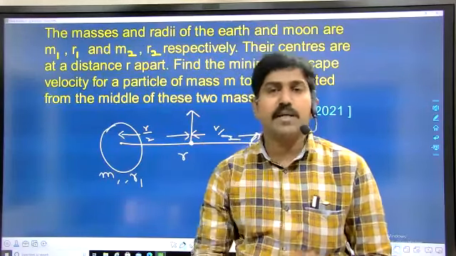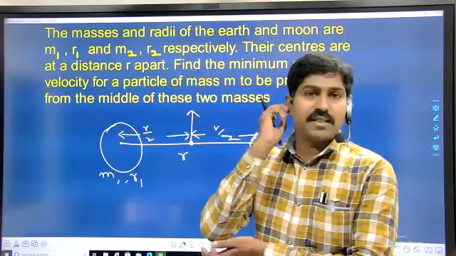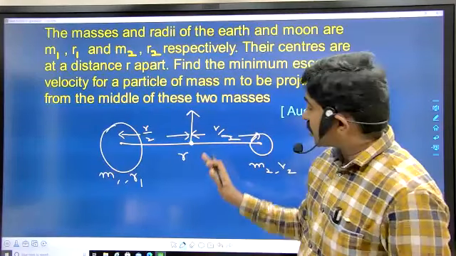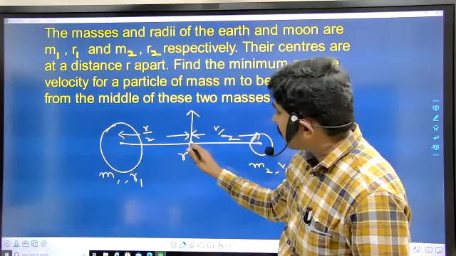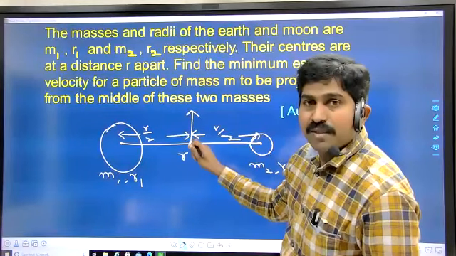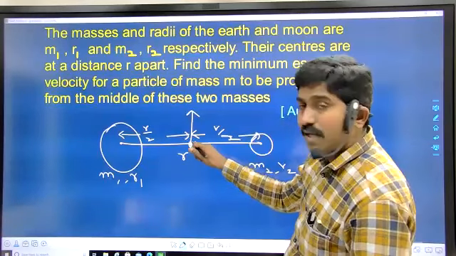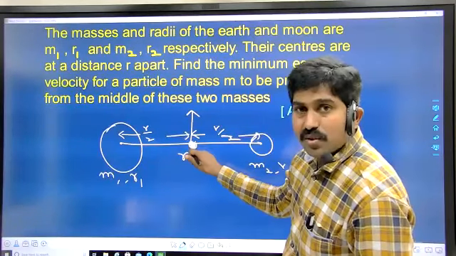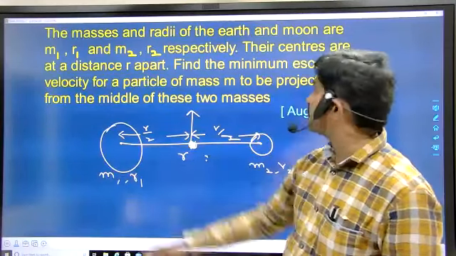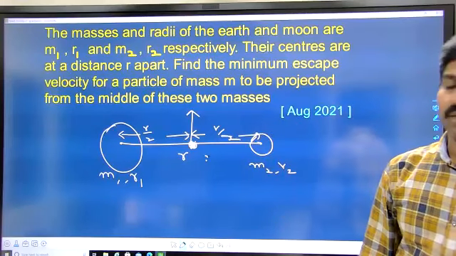In the derivation of escape speed also the same concept is used. That much kinetic energy should be given. So to calculate kinetic energy or velocity, first we should know the potential energy due to these two. And this question was also given in the 2021 August session.